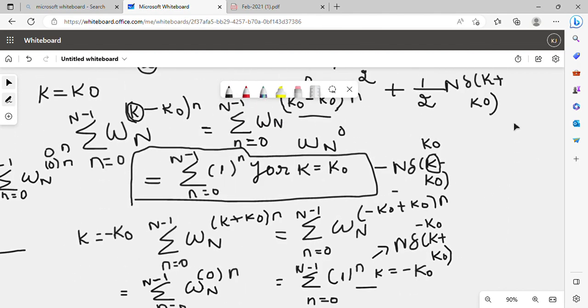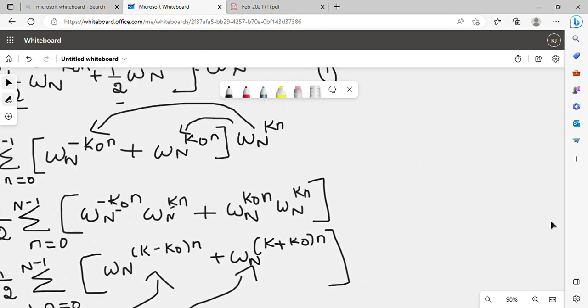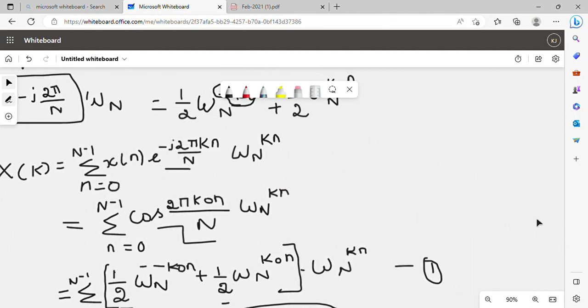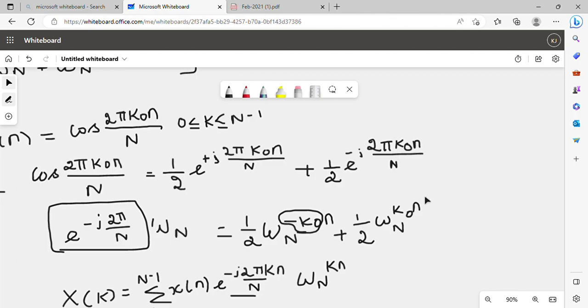Here it might become a minus, a subtraction. That might change, but everything else will be the same.